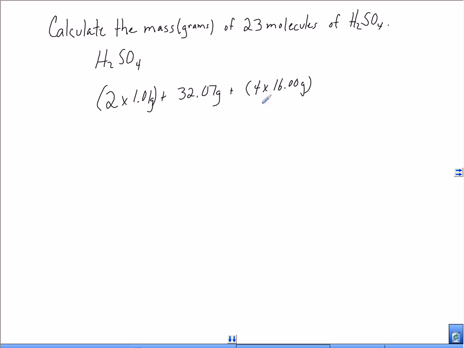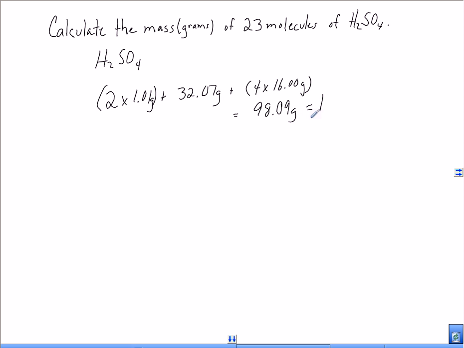So I'm going to take all these values, multiply them out, and then sum them up. And when I do that, I get 98.09 grams of H2SO4.